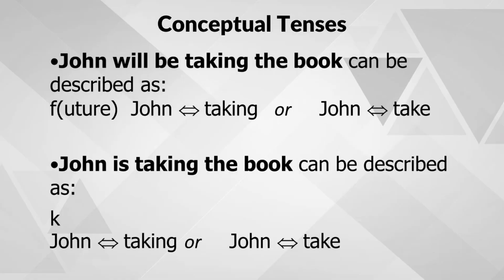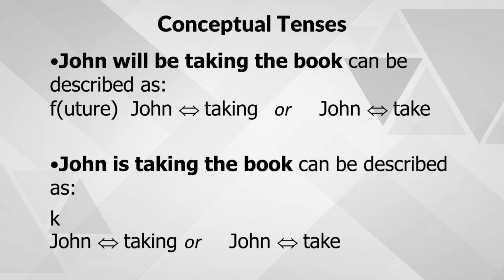In the context of conceptual tenses, the sentence "John will be taking the book" can be symbolized as a future event with the subject John linked to the action taking or take. This represents the anticipation of John's action in the future.